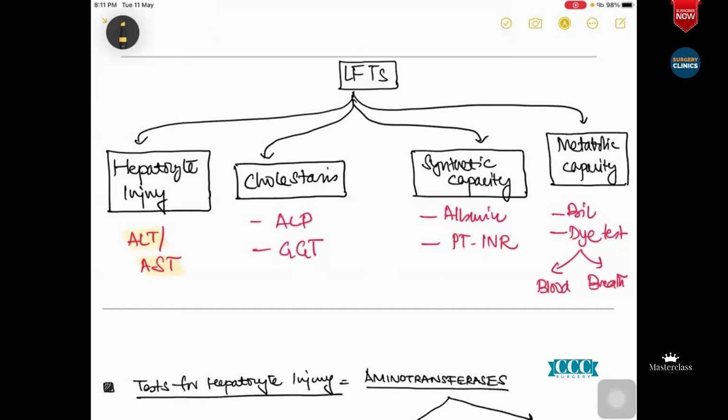There are a few surrogate ways of evaluating this by dye tests, which are used commonly, not by general surgeons generally, but yes, GI surgeons, gastroenterologists or cancer surgeons do use these tests at times to assess the metabolic capacity of the liver, right? So broadly classifying, you have a test for hepatocyte injury, a test for cholestasis, a test for assessing the synthetic capacity, and a test for assessing the metabolic capacity, right? So we'll deal with each of these one by one.